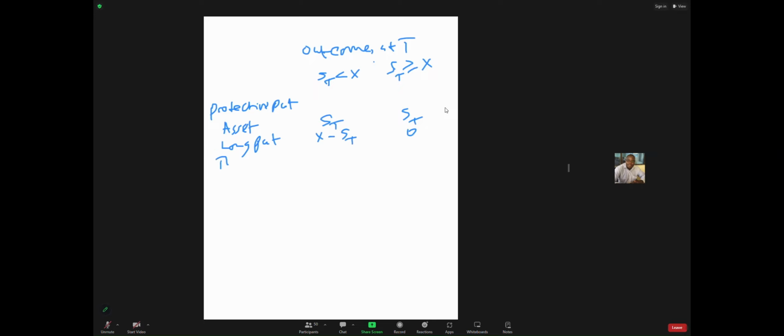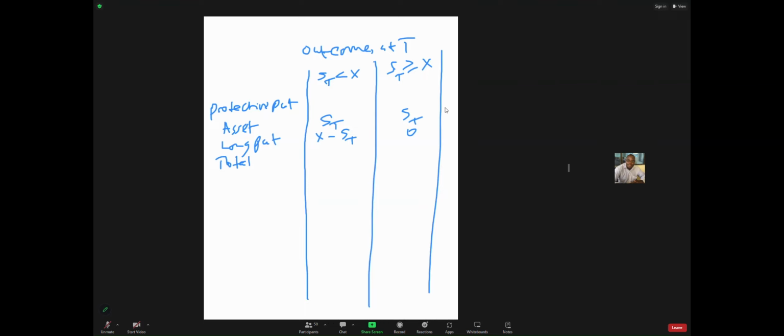So total here, ST plus X minus ST, you get X. Here you get ST plus 0, which is ST. So that's the total value of the portfolio that has a protective put.